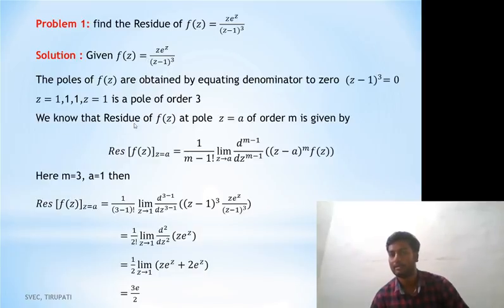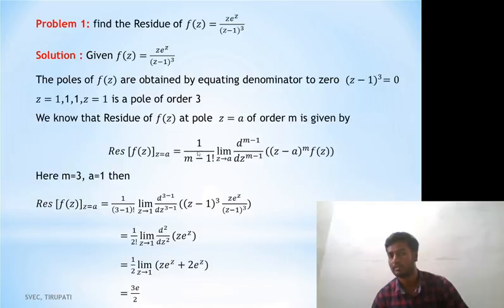Now we have a formula: residue of f of z at a pole z equal to a of order m is 1 by m minus 1 factorial, limit z tends to a, d power m minus 1 by dz power m minus 1 of (z minus a) power m into f of z. Here m equal to 3 and a equal to 1.